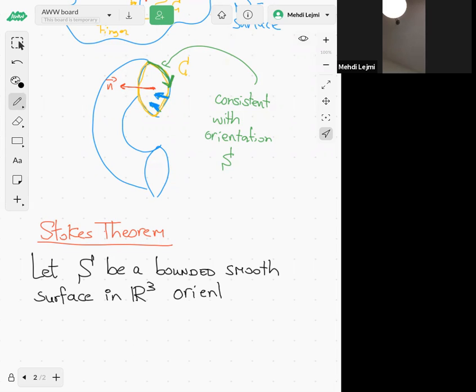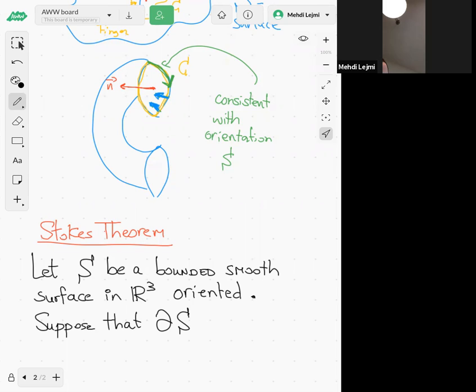So you have some orientation. And suppose, as in Green's theorem, that the boundary of S is given by finitely many simple closed curves.